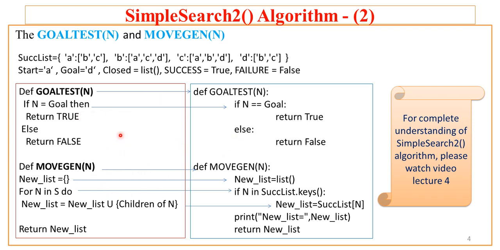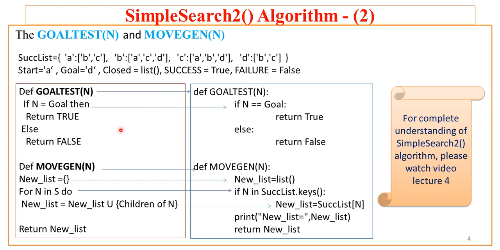To understand the functioning of all the algorithms like simple search 2, goal test or MoveGen, please watch video lecture 4 of this series. For complete understanding of this particular algorithm, you have to first watch lecture video 4, in which I have covered all the practical and logical aspects of the simple search 2 algorithm.